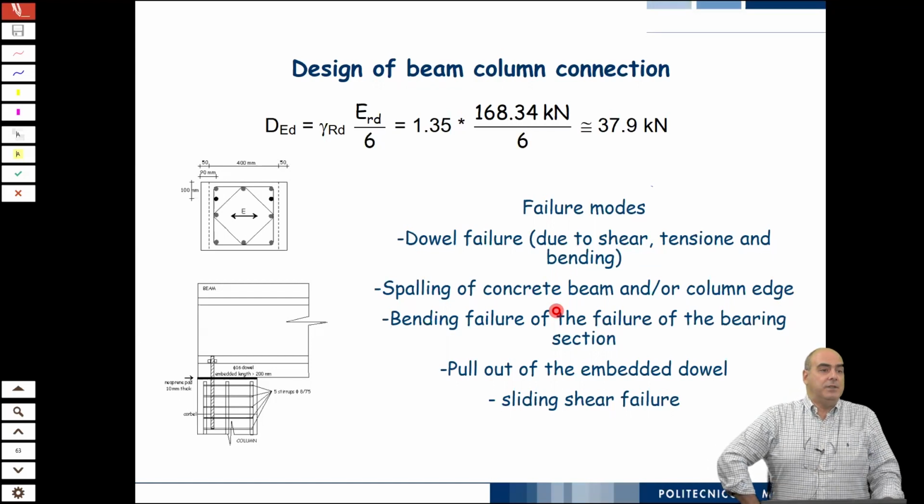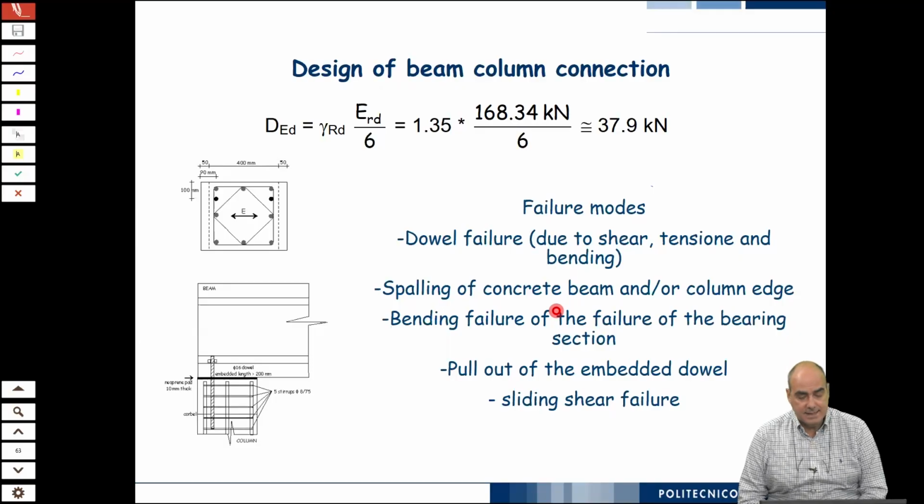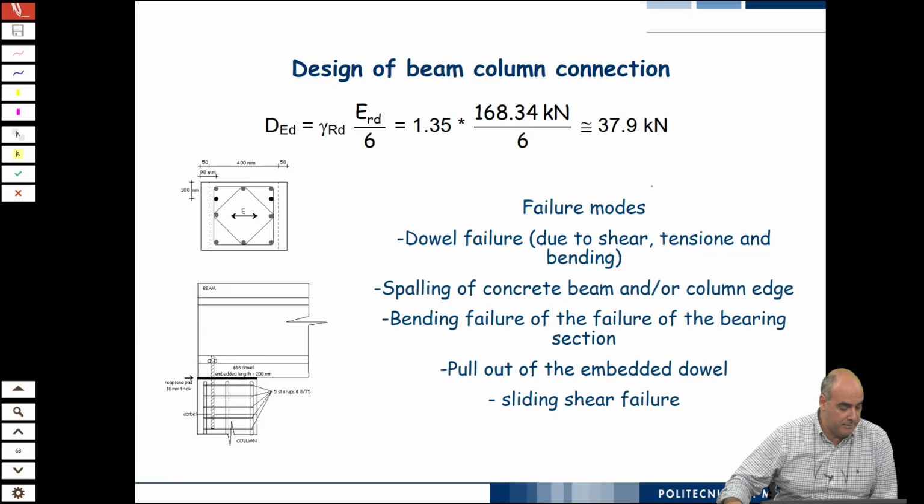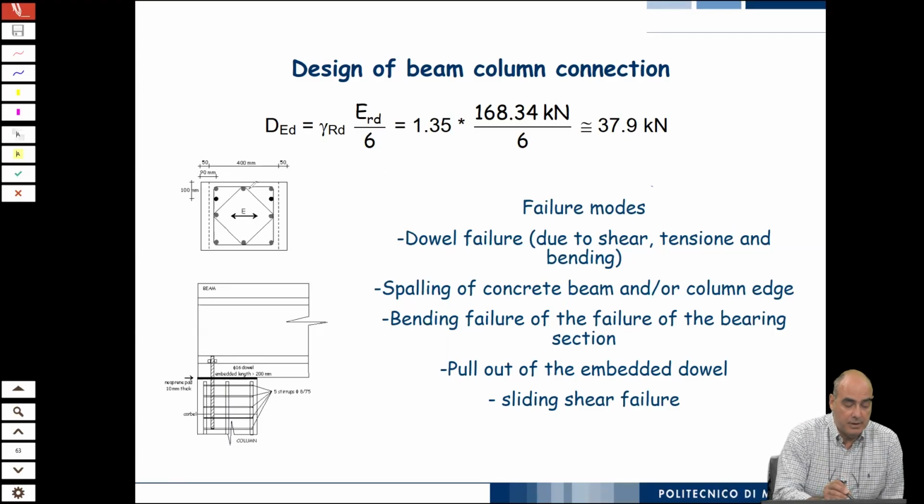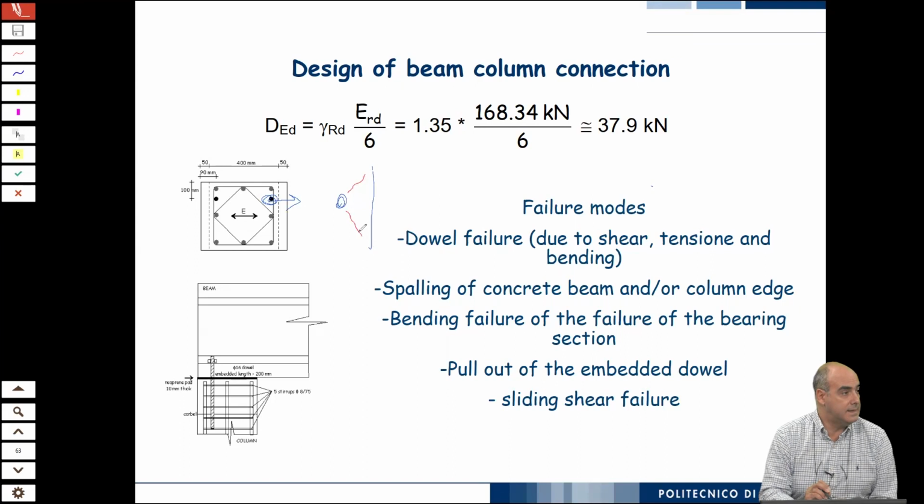Then spalling of the concrete. It's true that it's a brittle mechanism. Why and how does it happen? At a certain point, if this is the dowel bar, this dowel bar pushes here against the concrete, and what happens is that you form a crack like this.